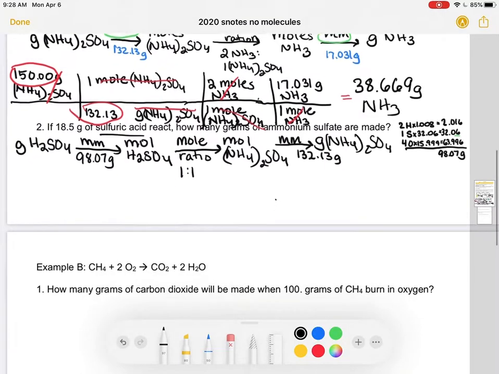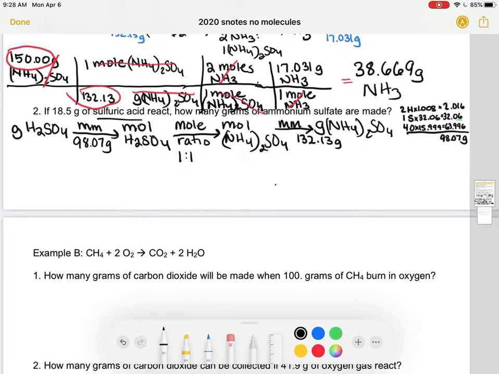Okay. So we are starting, we're going to write what we start with here, 18.015 grams of H2SO4. We're going to get rid of grams and get moles by using our molar mass.